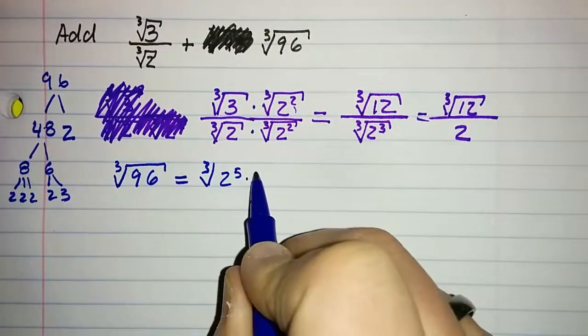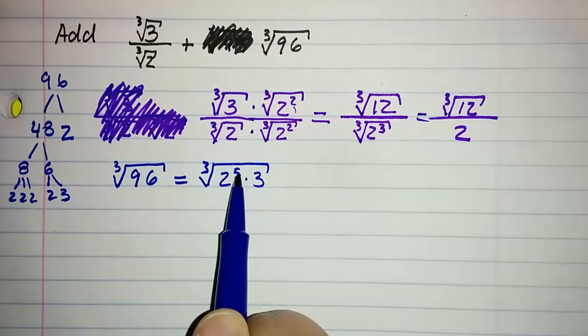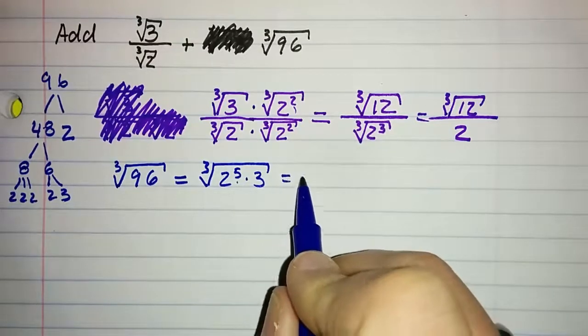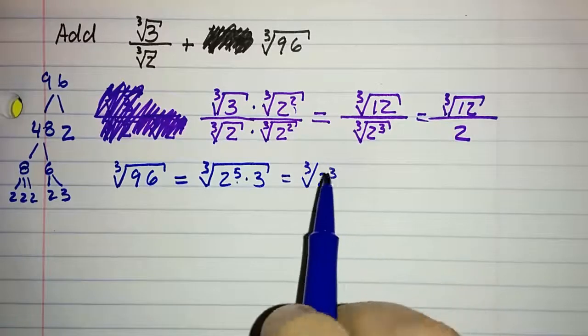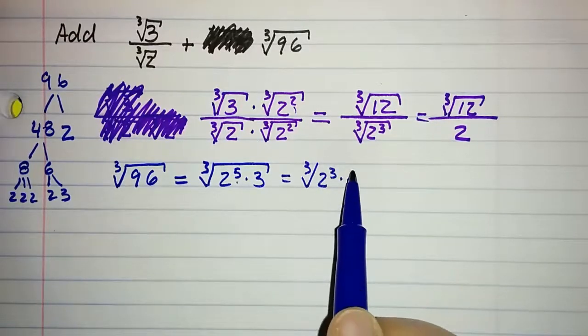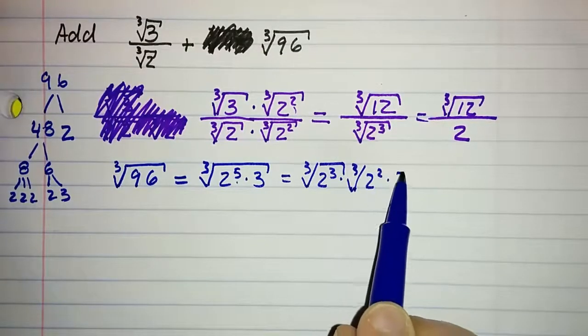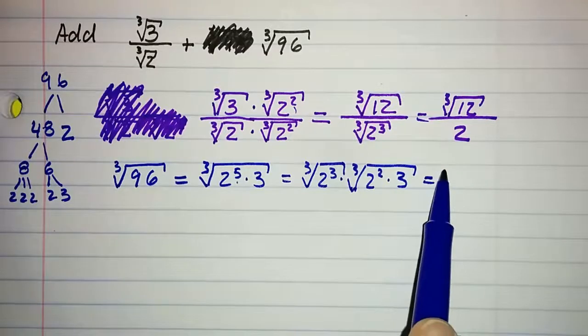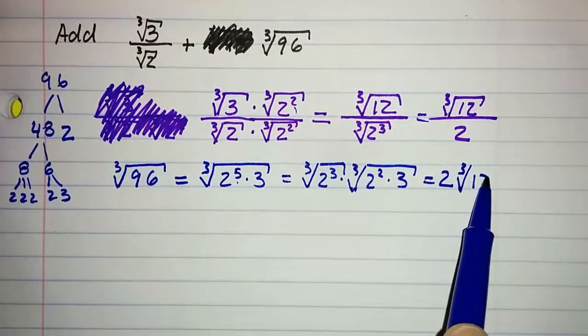And just the 1 3. What multiple of 3 is closest to 5? 3. So I'll have the cube root 2 cubed times the cube root 2 squared times 3. So that'll be 2 times the cube root 12.